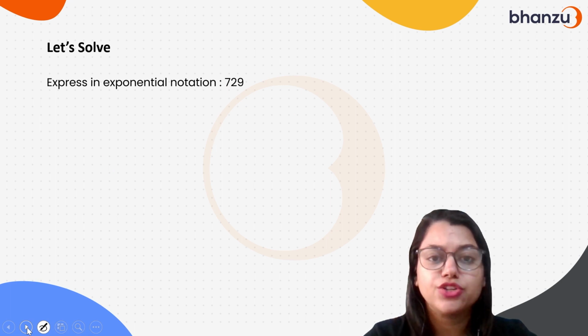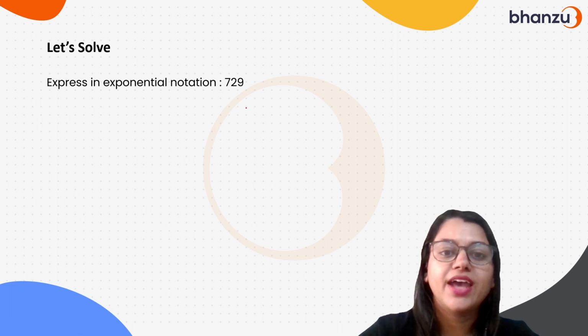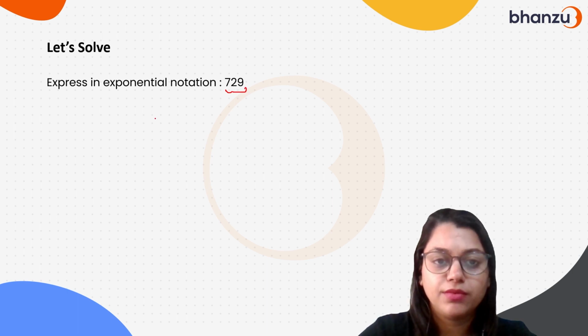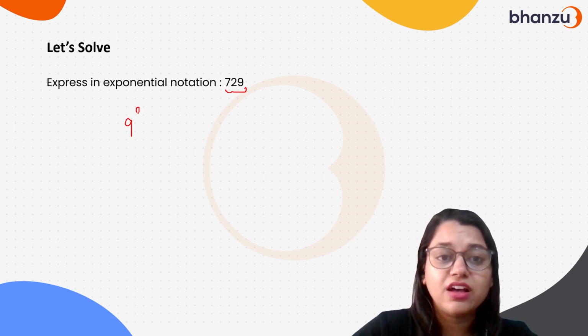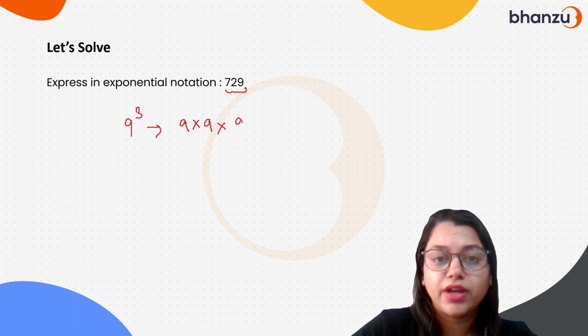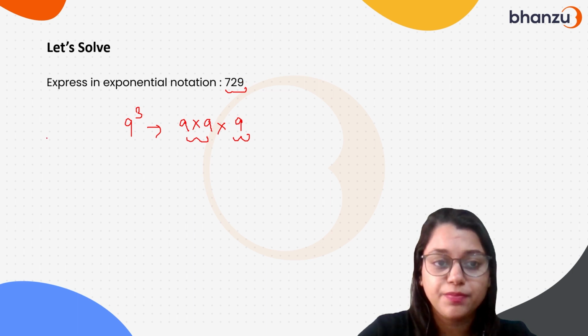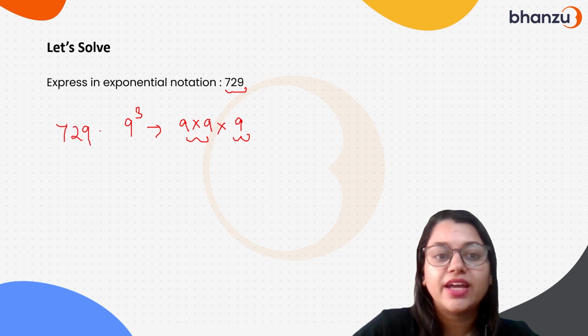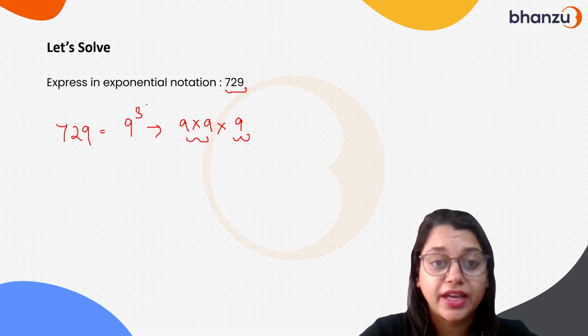Express in exponential notation. Here we have the number 729. We know that the cube of 9, that is 9 into 9 into 9, is 81 into 9, which equals 729. So 729 can be written as the cube of 9.